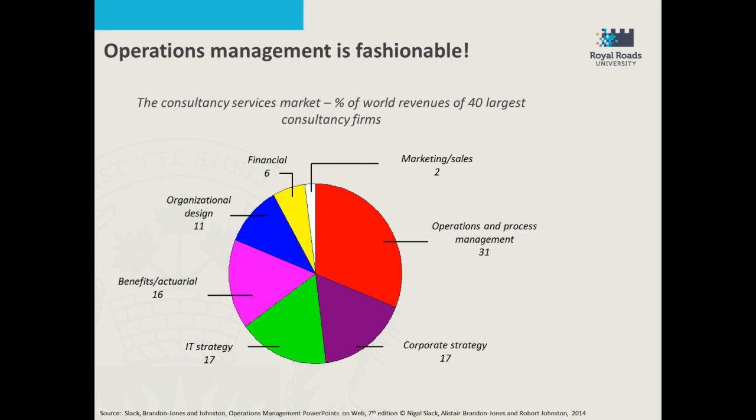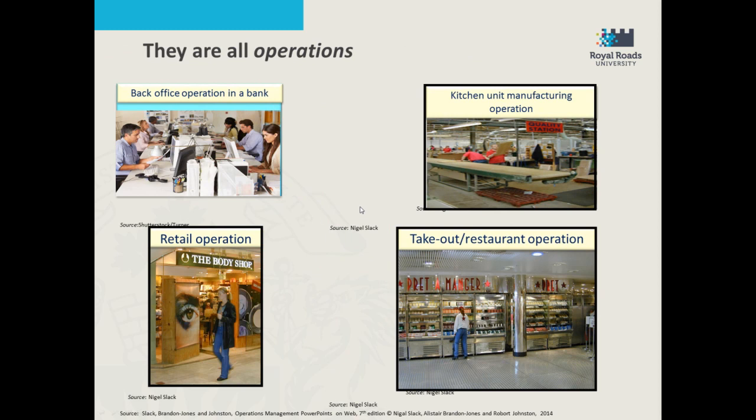You can see the largest percentage of the consultancy service market goes to operation and process management, 31%. It's very important. It's about improving process, improving efficiency, improving effectiveness, and meeting customer values. So operations are relevant to everything: back office operation, manufacturing, service, and retail.